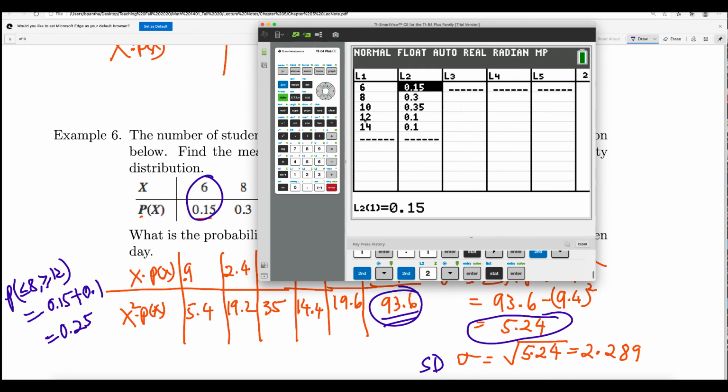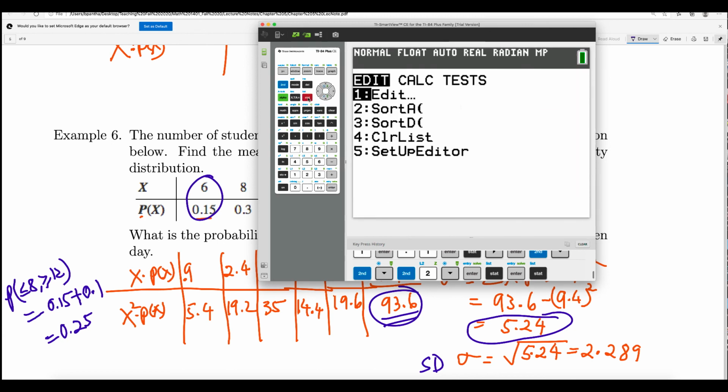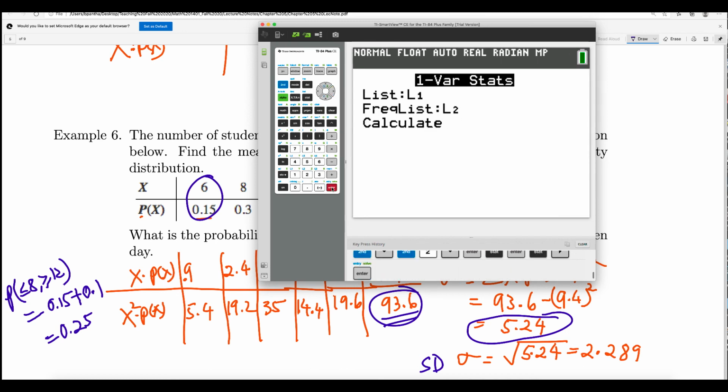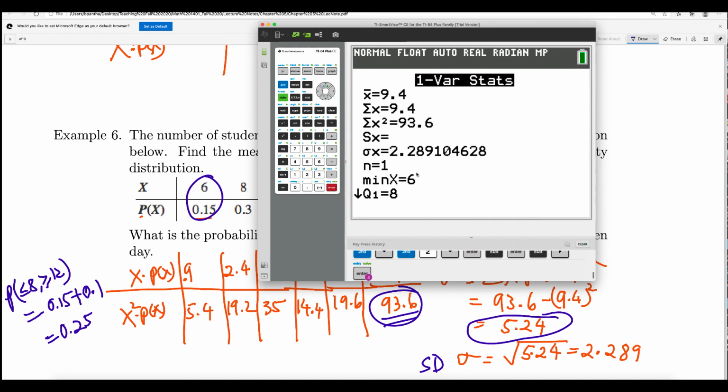After you finish entering those values, you go to STAT, CALC, and then 1-Var Stats. Hit enter there and pick the list with the x values and the frequency list L2. You can use L3, L4, anything, but you need to pick those column names here, and then hit enter. Calculate will give you all the values you need.